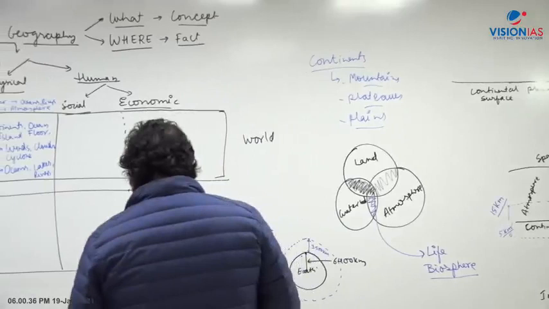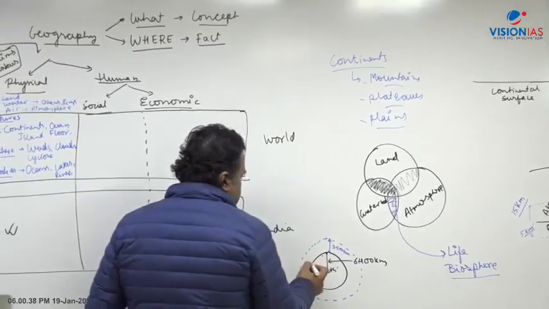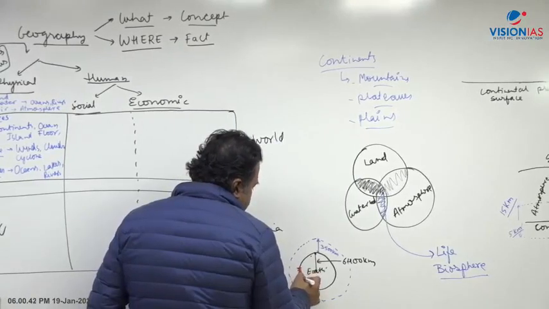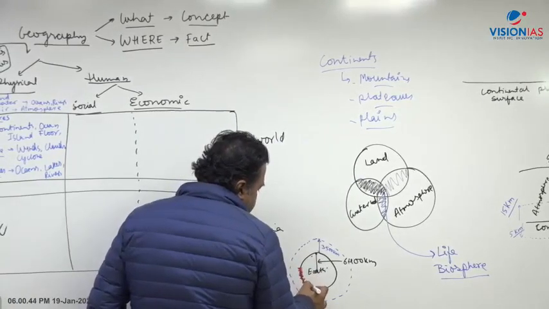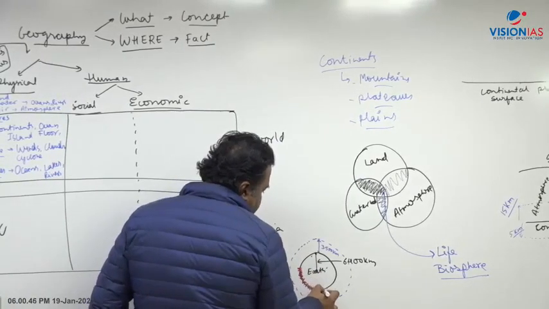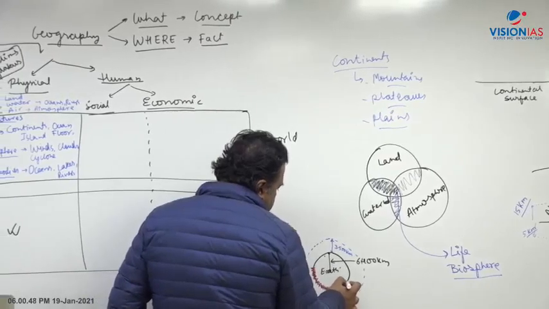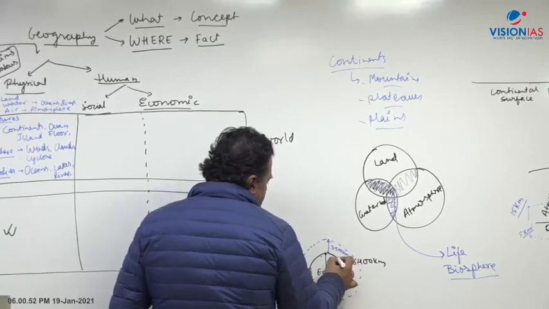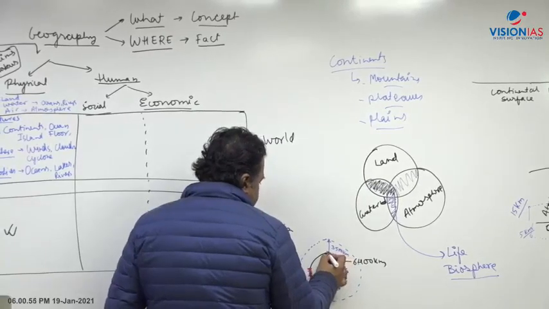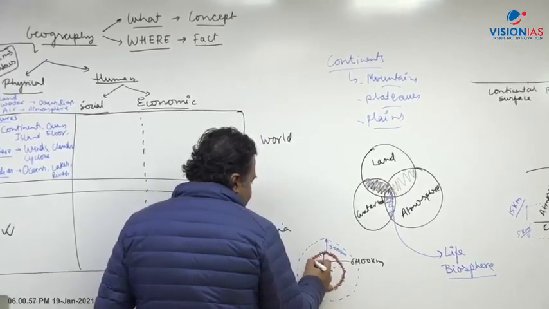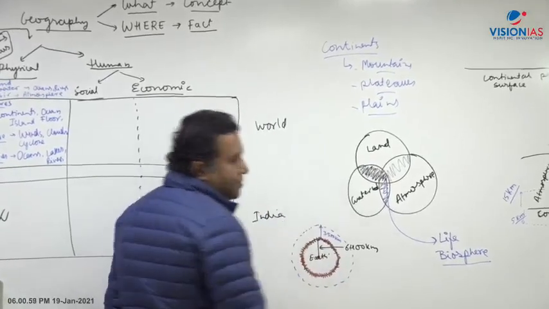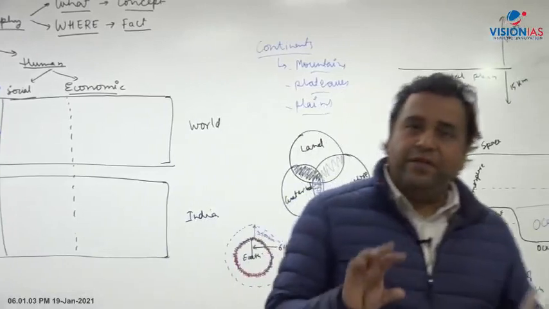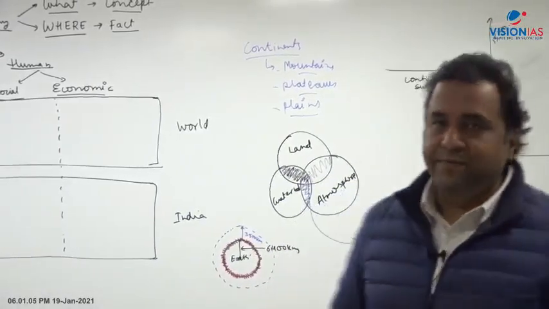But where do you find all the life forms? You find the life forms in a very narrow belt on the earth, a very narrow region, which is just 15 kilometers from the surface downwards and upwards, both sides. All the life on the earth is found somewhere here, that shaded region. That's the biosphere.